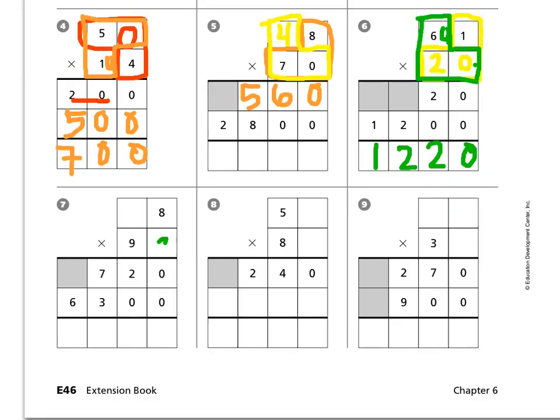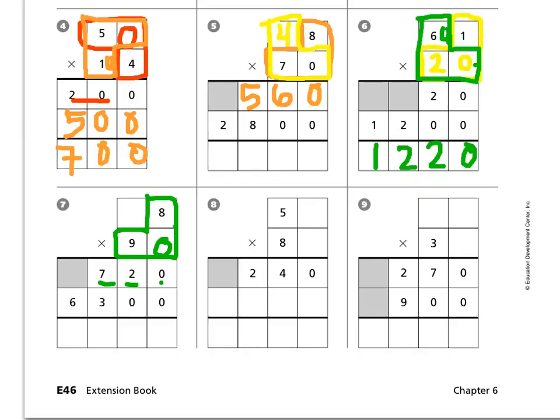Okay, let's look at number 7. I know that my 0 is going to be down here because looking up here I already have an 8 built into my 1 spot. So now I can think about 8 times 90 equals 8 times 9 is 72 plus the 0.